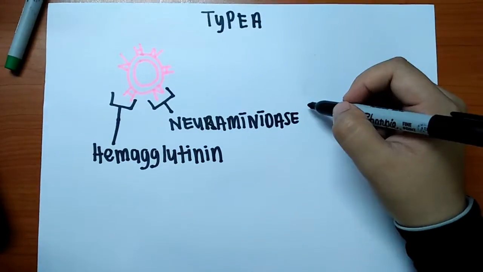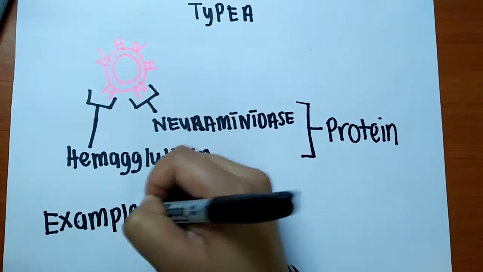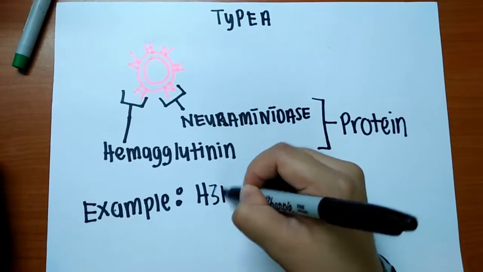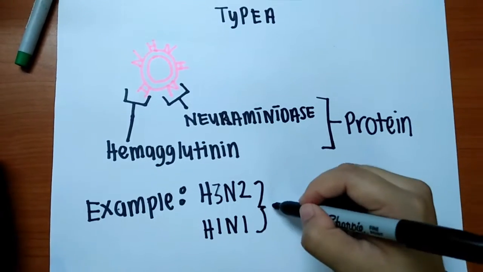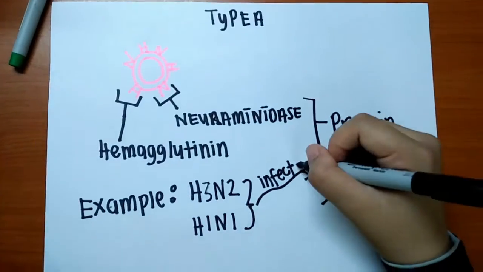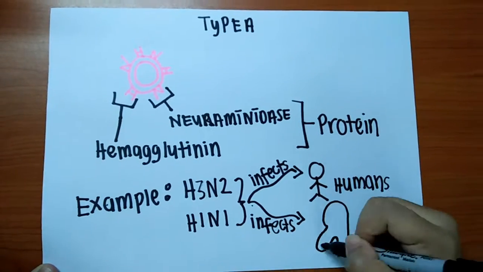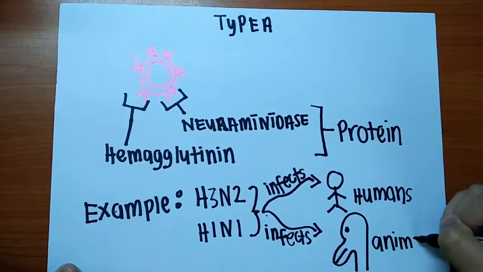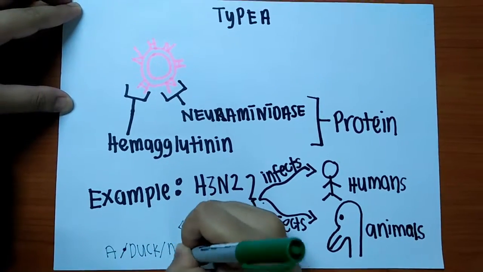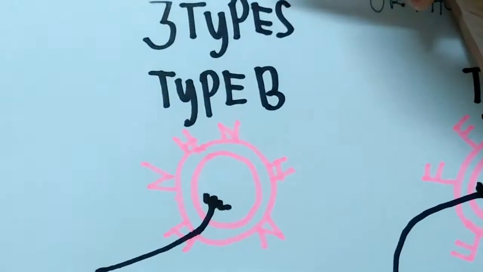Hemagglutinin and neuraminidase can vary a bit in their structure, so different versions are identified by a number. Examples of type A are H3N2 and H1N1. It may infect humans and also animals. H1N1 type A influenza virus of swine origin from Alberta, Canada was discovered in 1976.